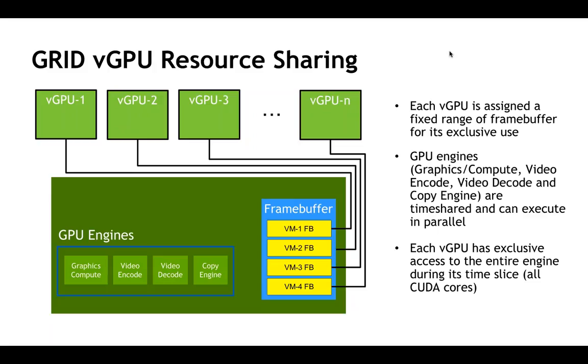Each vGPU has exclusive access to the entire engine during its slice of time, which is actually quite fantastic because it gives each user access to an extremely high-end GPU for that moment in time. They don't have to divide it up granularly to where maybe they just get a 1/64th of a GPU. They get a much better experience overall. You can see here as the slide navigates, it's representing time slice 1, 2, 3, all the way out to N.